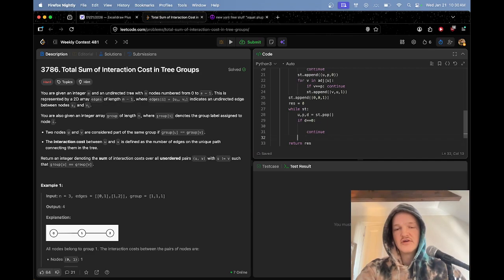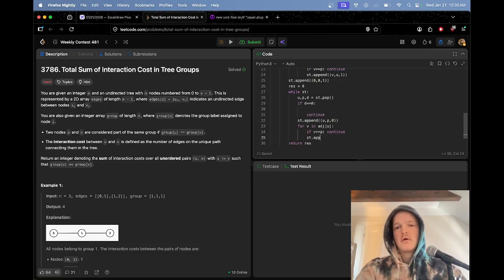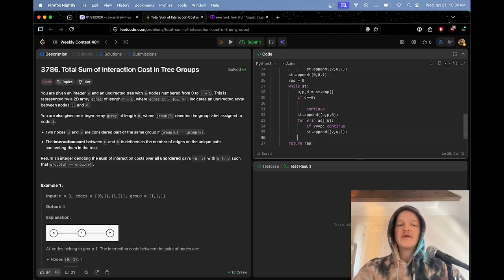If d equals 0, continue, stack.append up, 1, up, 0. v, u, 1. Okay, and then here the idea is this is where we're going to step into a subtree. And then this is when we're coming back out. So this is when we're stepping out of a subtree.